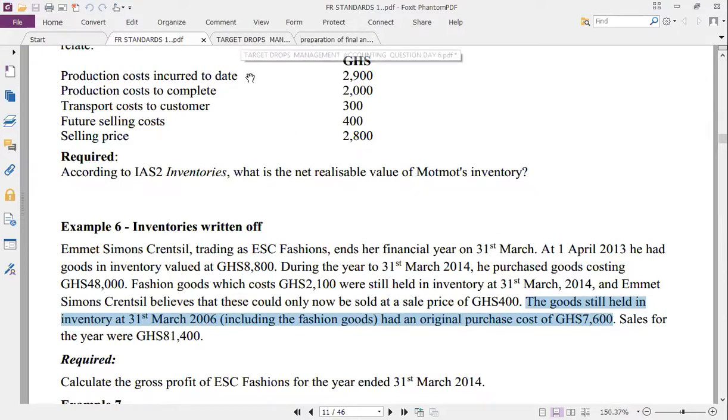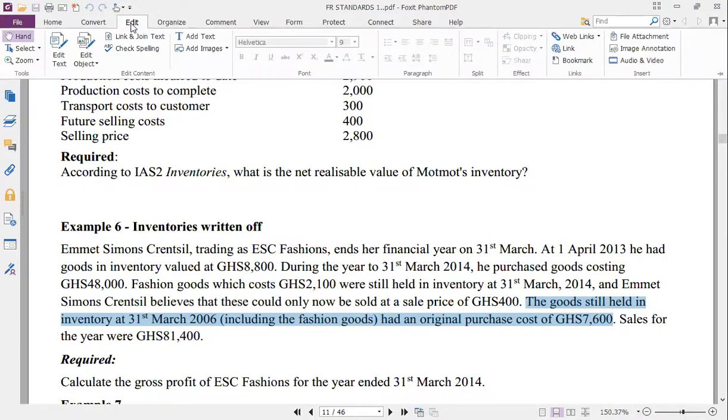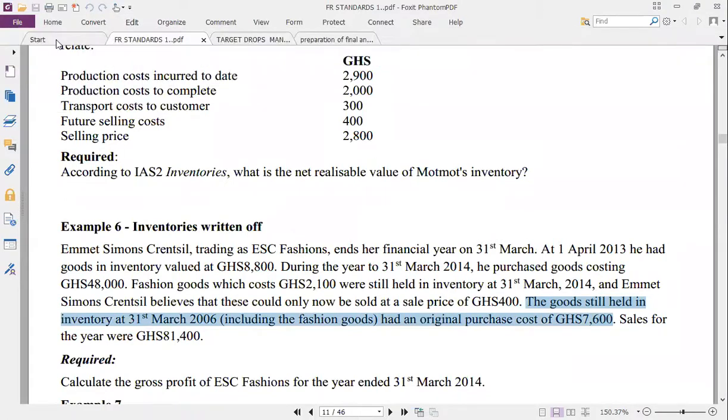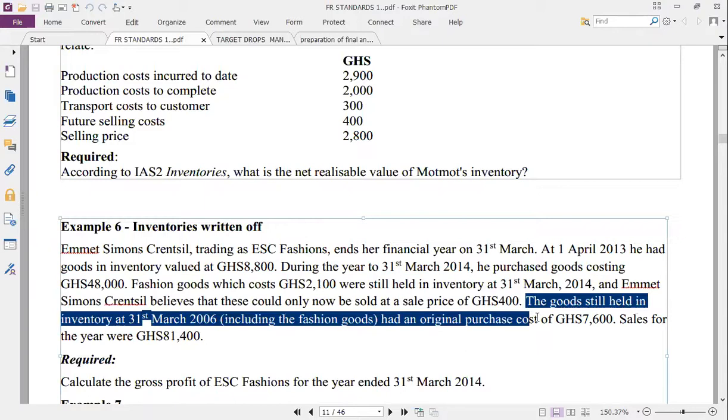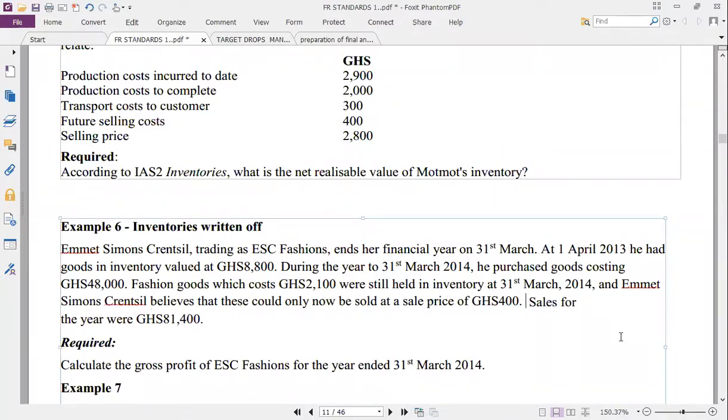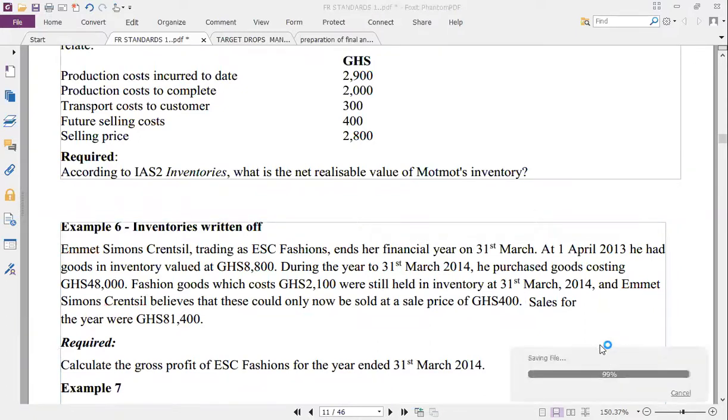Okay, I think I can do the update quickly. Good. I've done that. So for the update to you, you are solving example 5 and example 6, and then question number 5.